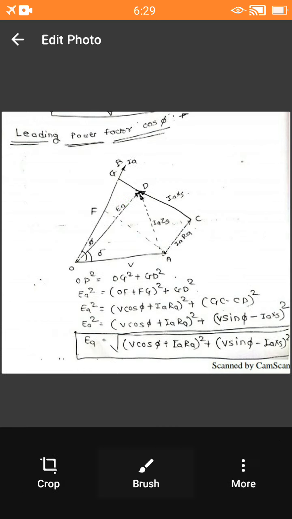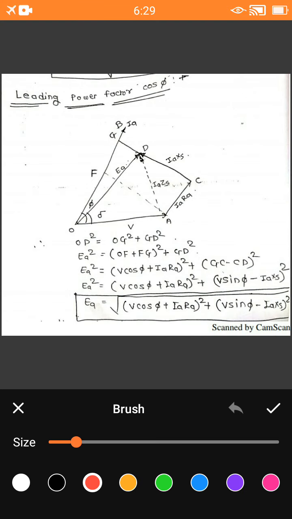So the value of OG is OF plus FG bracket square plus GD bracket square.